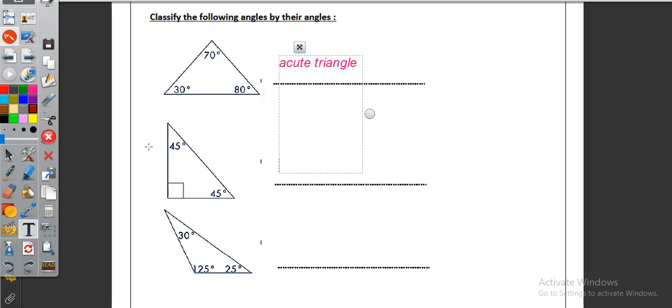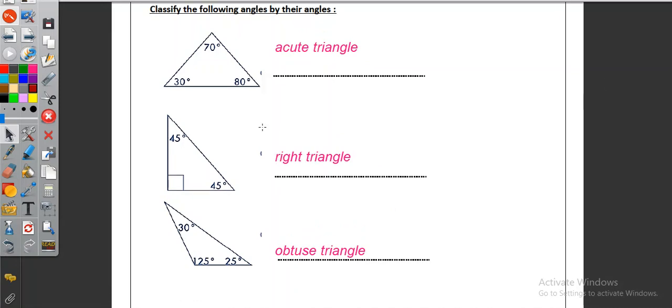I have a right angle here, so we call it a right triangle. Finally, I have an obtuse angle, so we call it an obtuse triangle. Great job. Let's move on to the next page.